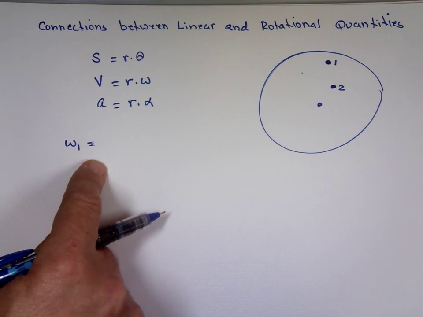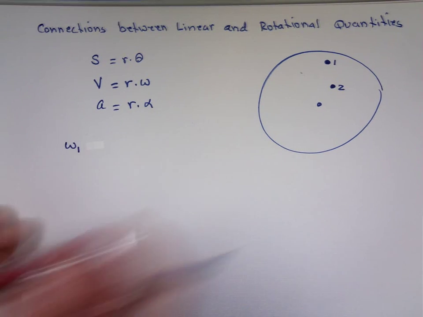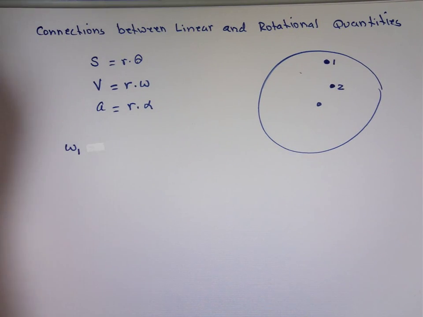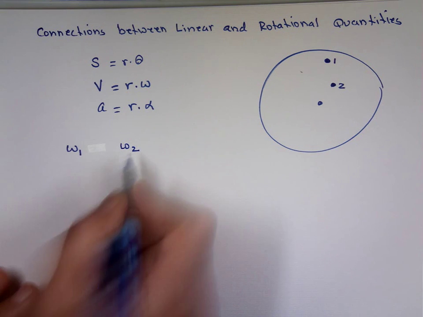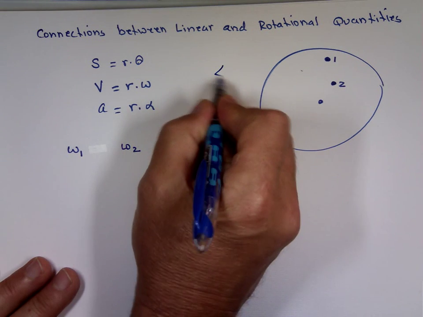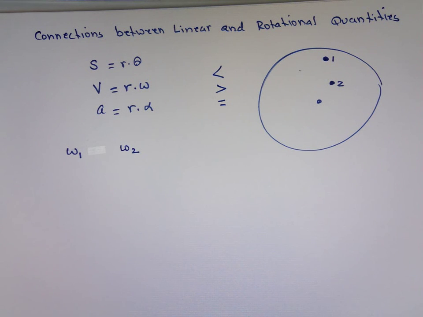Is it equal to? Is it less than, greater than? Which one? What is the relationship of W1 to W2? Your options: less than, greater than, or equal to. What do you think?